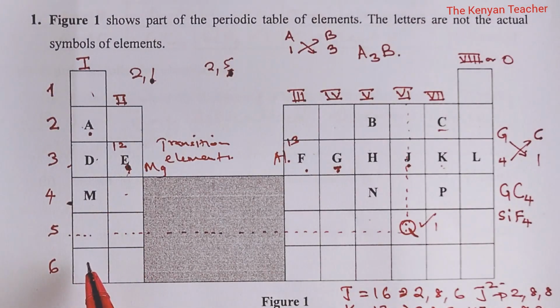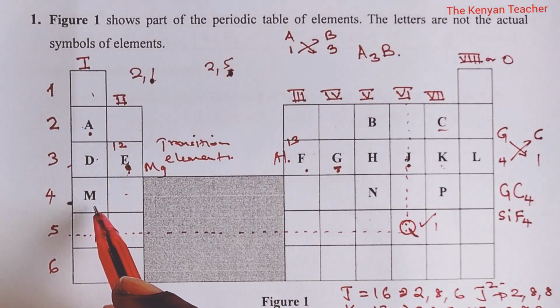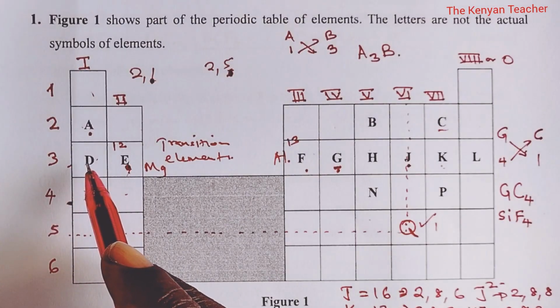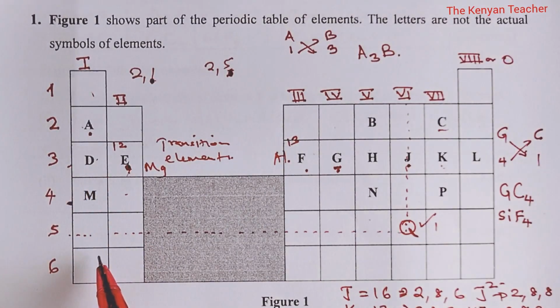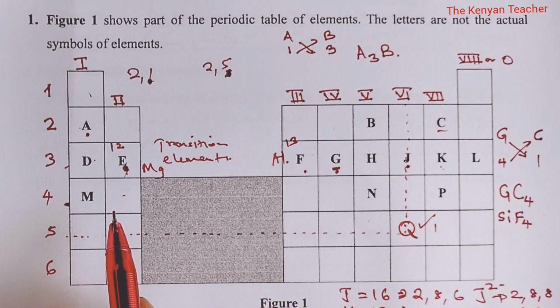So this is all about ease of loss of electrons. M has a larger atomic radius, and therefore it easily loses its outer electrons more than D. And now that makes it a stronger reducing agent. In Form 4, remember, we defined redox in terms of electron transfer.